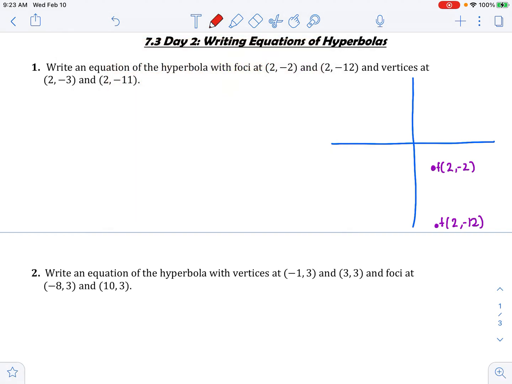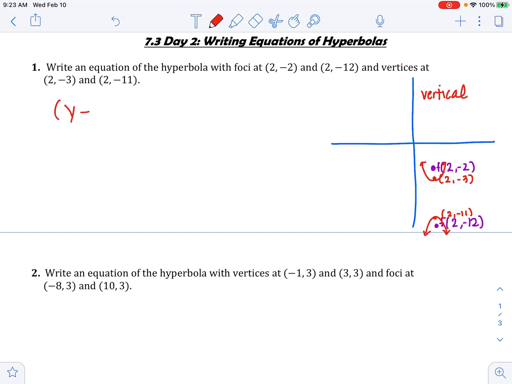The other information that they gave me is my vertices are at (2, -3), which is right here-ish, and (2, -11). So if you look at these points, they're all vertical of each other, so I know this is a vertical hyperbola, but you could also think of it as this has to wrap around that, and this has to wrap around that. So it's a vertical hyperbola. So I'm going to write down the word vertical so my brain gets moving.